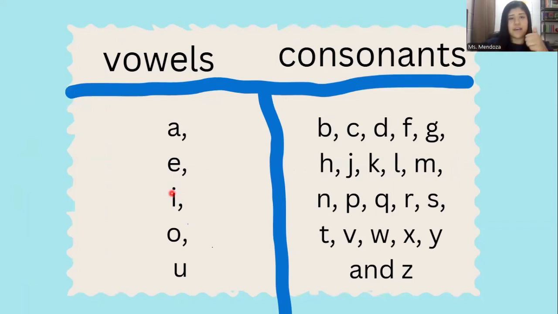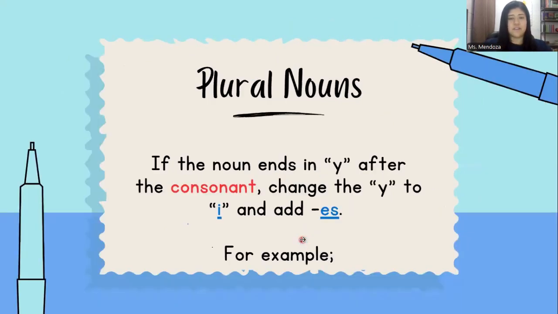For your vowels, you have A, E, I, O, and U. For your consonants, everything that I did not mention previously in the alphabet is going to be your consonants, such as B, C, D, F, G, H, J, K, L, M, N, P, Q, R, S, T, V, W, X, Y, and Z.